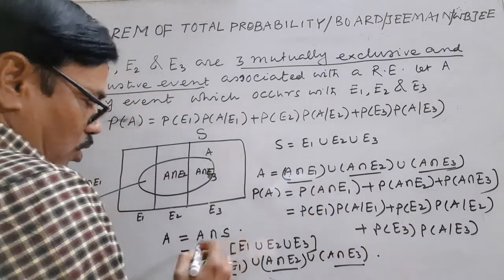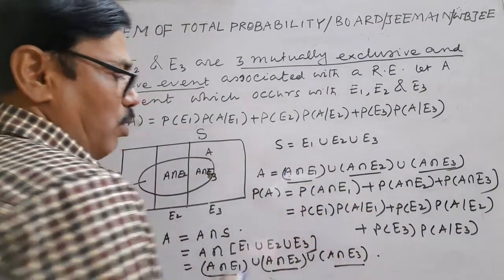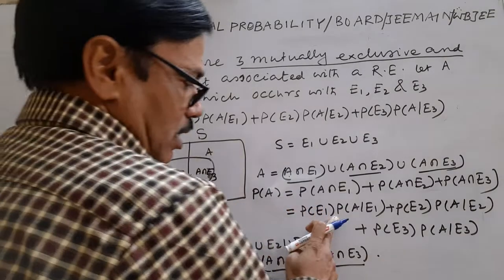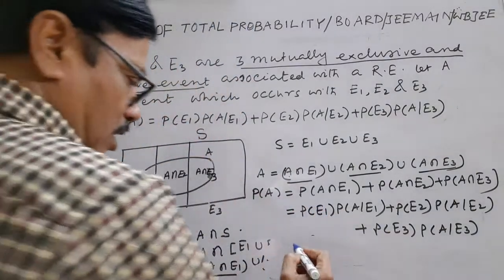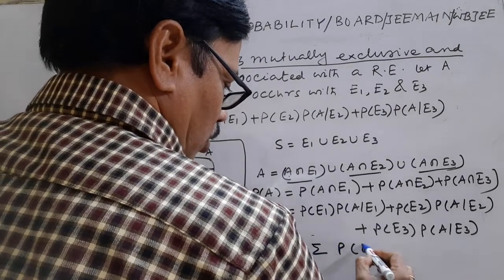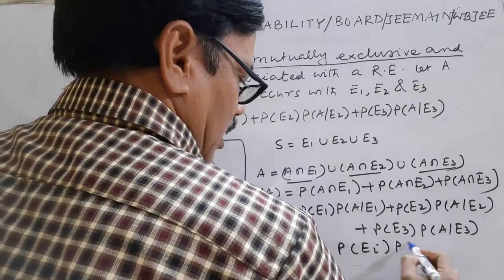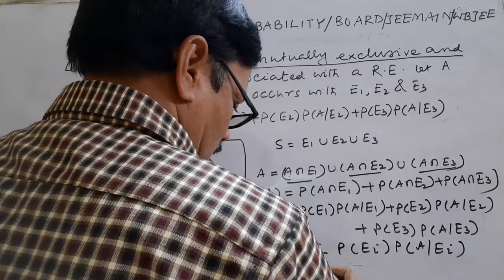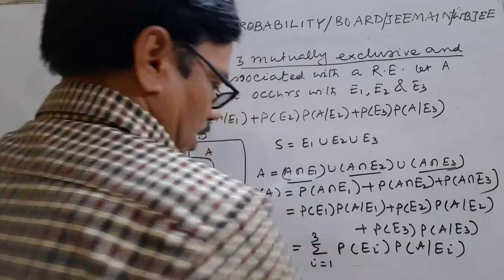Then use the formula of conditional probability. So P(A) equals P(E1)... So you can write it in this summation form also: sum of P(Ei) P(A by Ei), i equals 1 to 3.